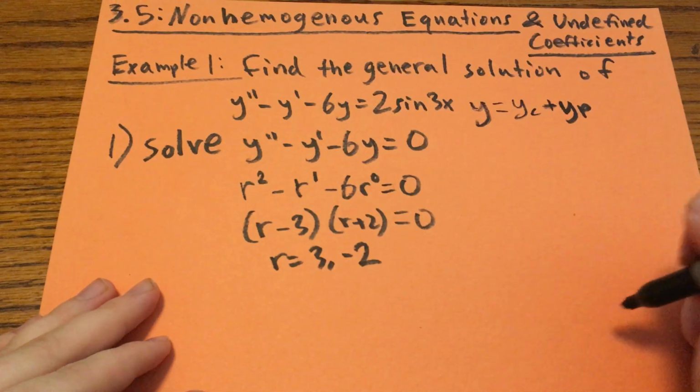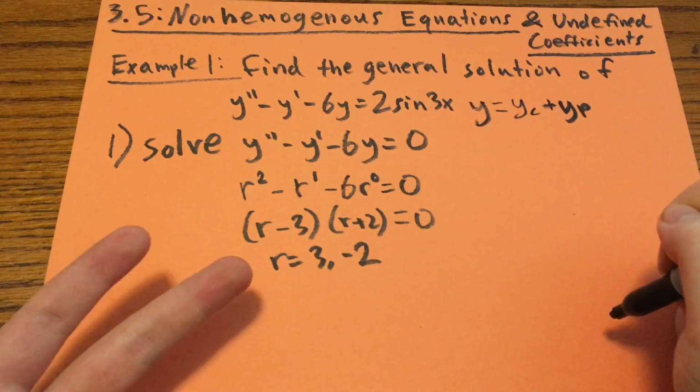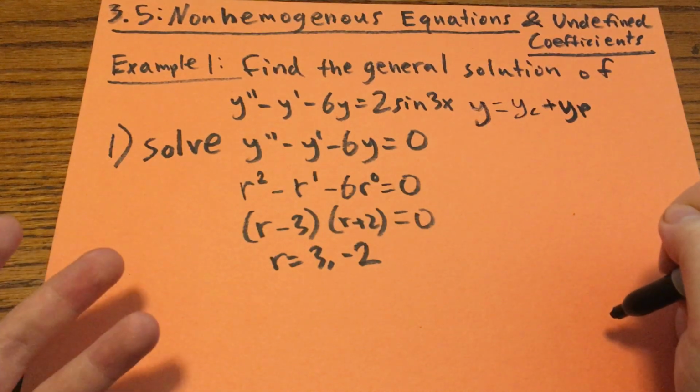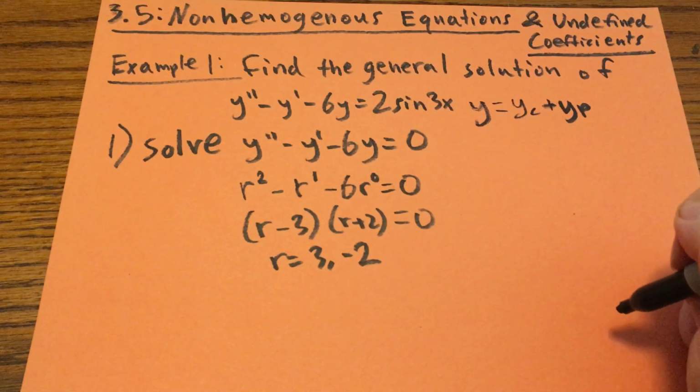Now if you remember, there are a few scenarios that we could have gotten to after solving for r. This one, we found multiple real solutions. There were a couple others, which was finding one real solution, and which was finding multiple imaginary solutions.